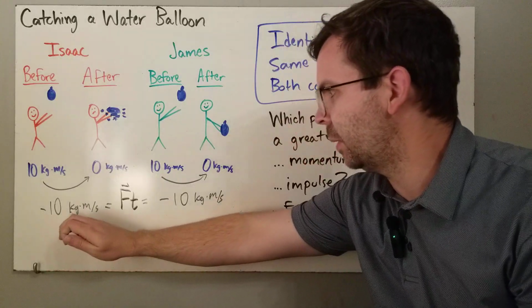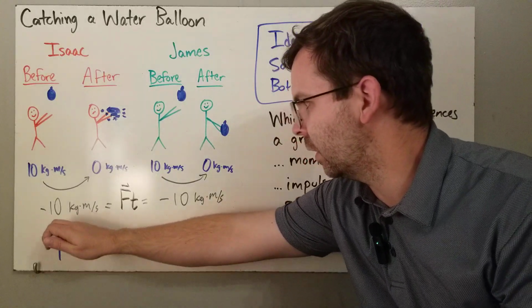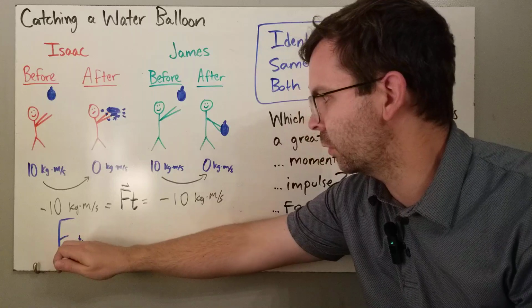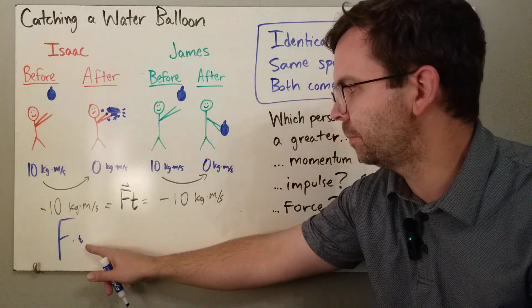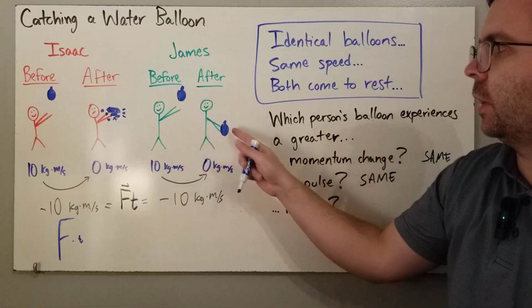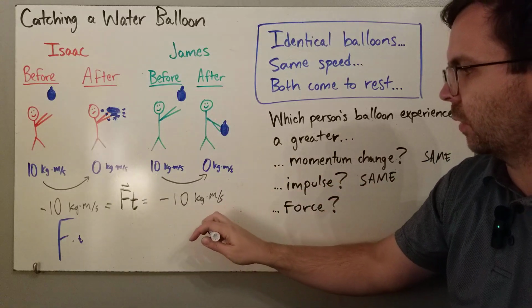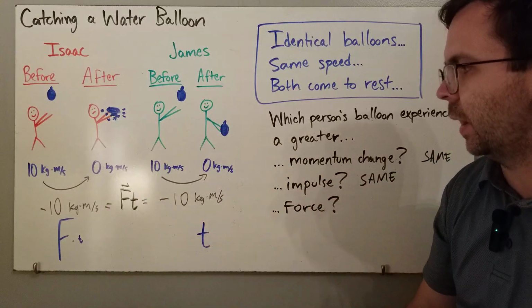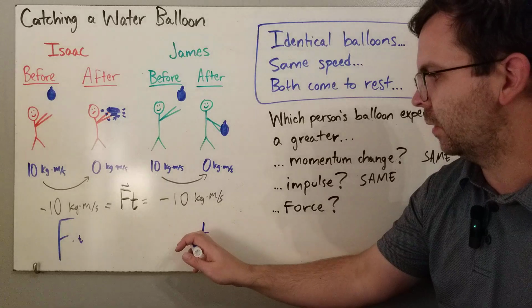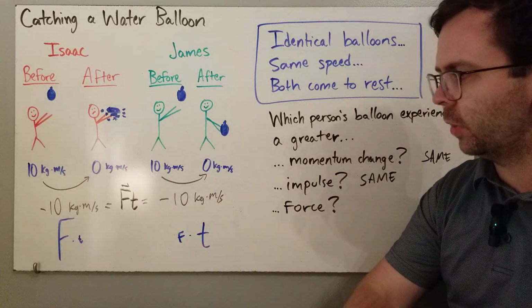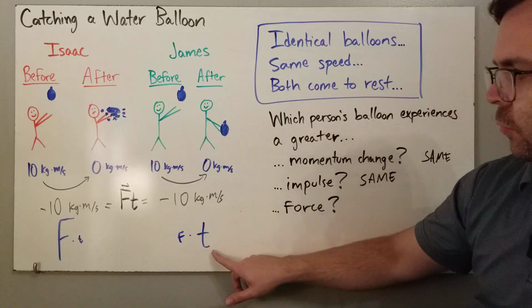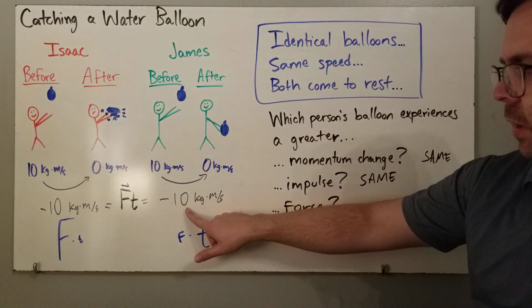In order to have the same impulse, though, it's going to have to be a very large amount of force. So we have big force times a little time. Over here, we have a longer time, so I'm going to write a bigger T for time, and as a result, a smaller force. So what ends up happening here is you multiply force times time and you get 10.